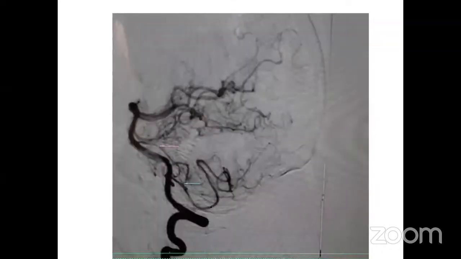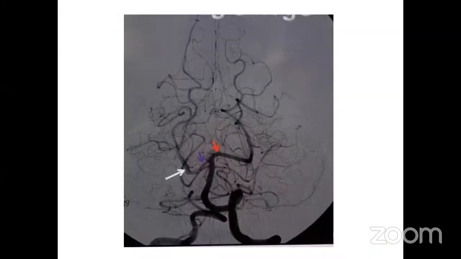Now here in this anterior image, that red arrow which you see is the posterior cerebral artery on the left side, and that blue one is what? Areeba, what should be the blue one? Posterior cerebral artery, yes, this one, on the right side. And the one just inferior to the posterior cerebral is the superior cerebellar artery. Yes, this one is the superior cerebellar artery.